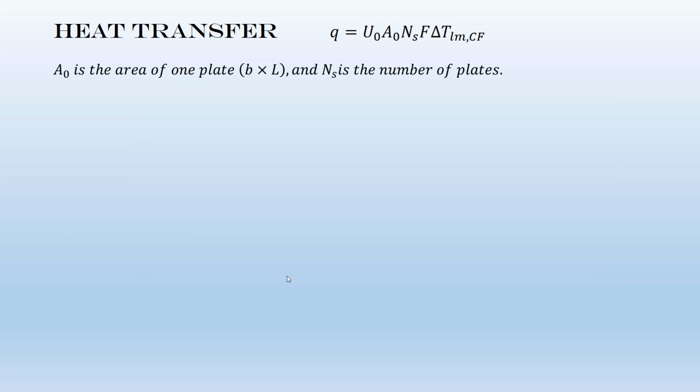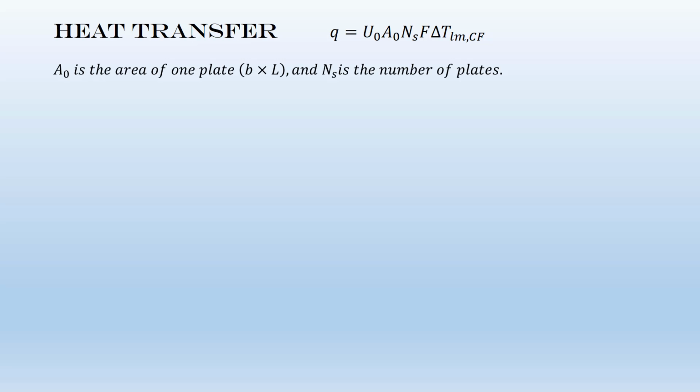Now, to find Q using the LMTD method, you can write Q equals U, the overall heat transfer coefficient, times the total area. The total area is the area of one plate times the number of plates, times F, times the log mean temperature difference for counterflow. This area is the area for the heat transfer.